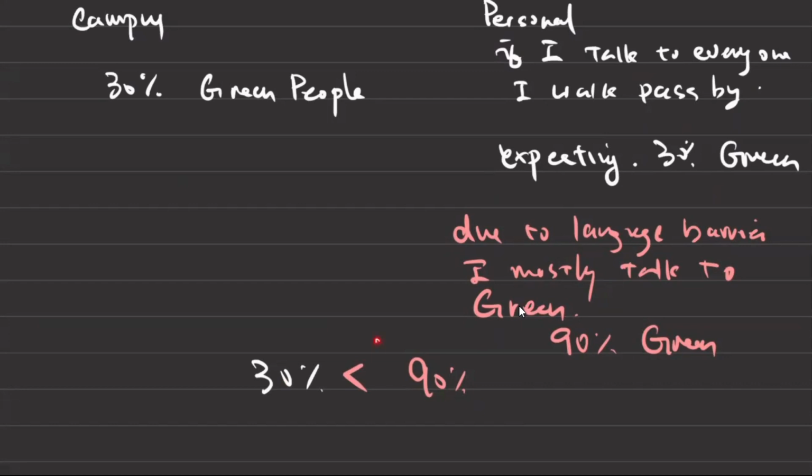So since this number is much greater, that means somewhere in my behavior of interacting with people on campus, it's not random. It's subject to certain changes, subject to certain bias. And in this case, perhaps the bias is a language barrier.